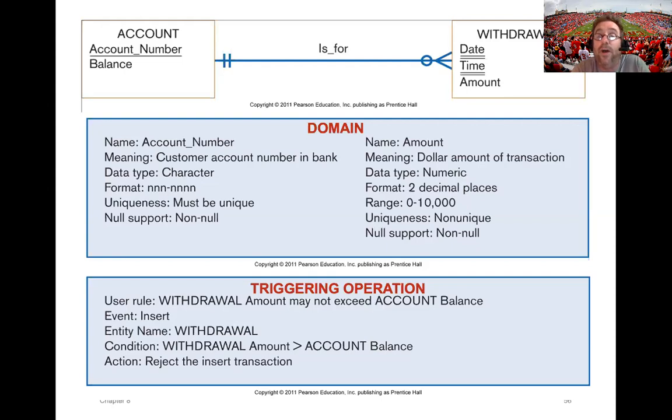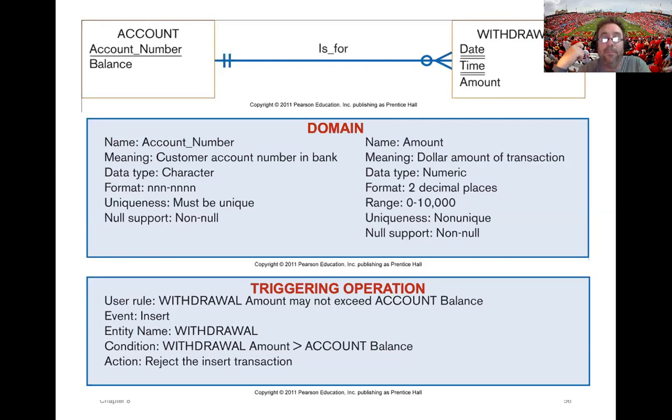So each time I try and do a withdrawal, I capture the date of the withdrawal, the time of withdrawal, and the amount of the withdrawal. That's the insert. Each time I do a withdrawal, I'm inserting a new entity instance of my attempt to withdraw data. So an event, in this case, refers to an insert of a new entity instance, which reflects our attempt to try to withdraw money.